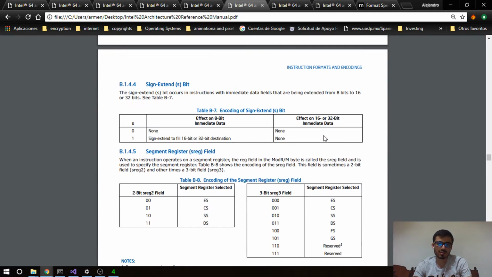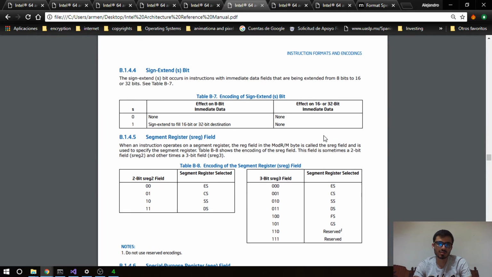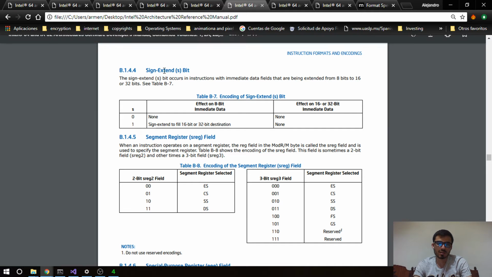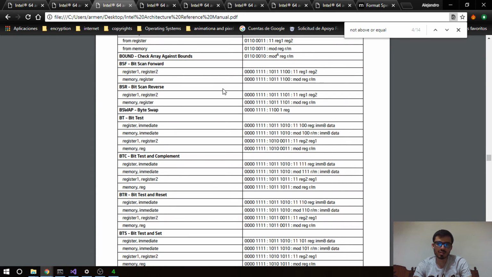Or is it sign extended? Yeah, if the sign extension is inside, which in this case we don't have, so we don't have sign extension.